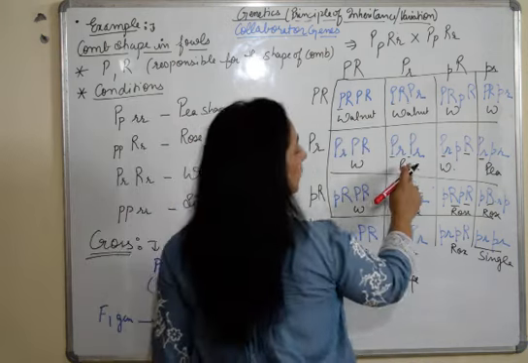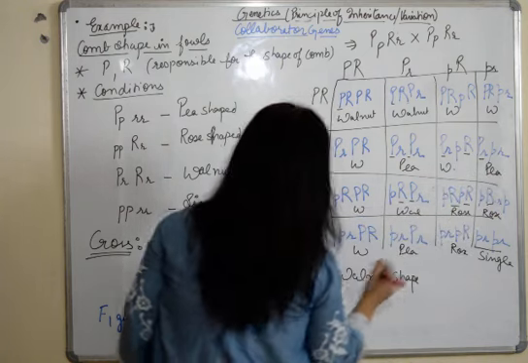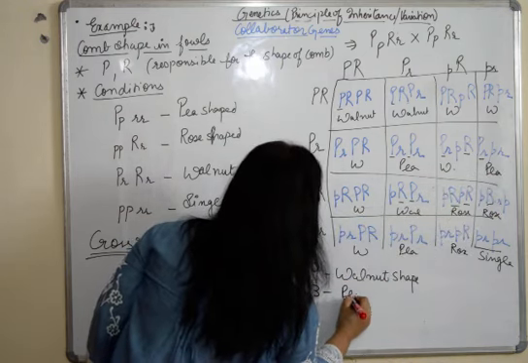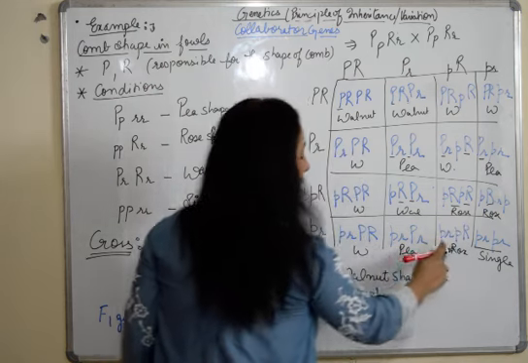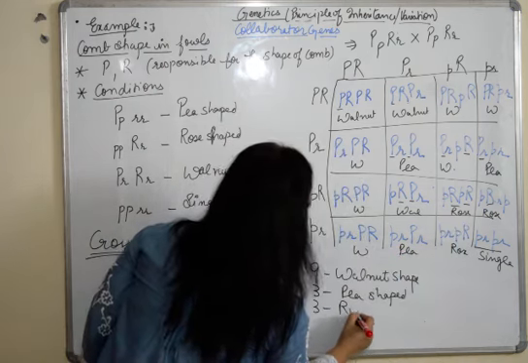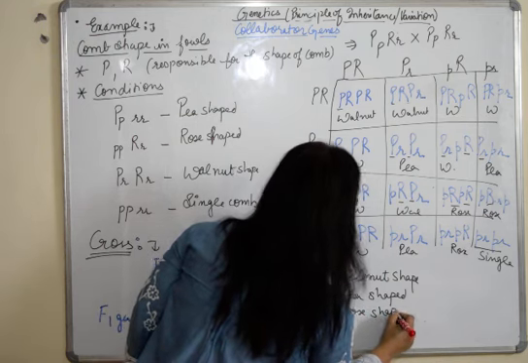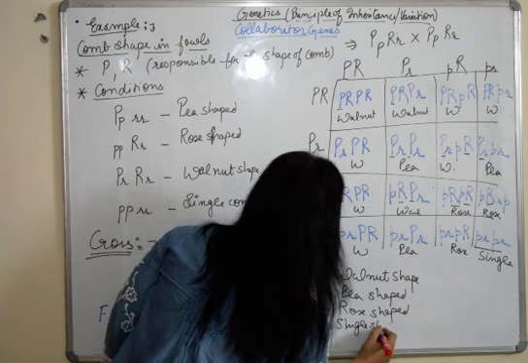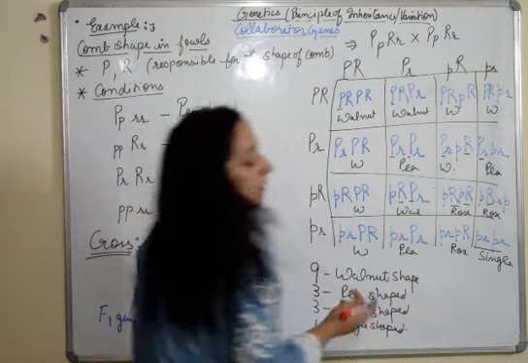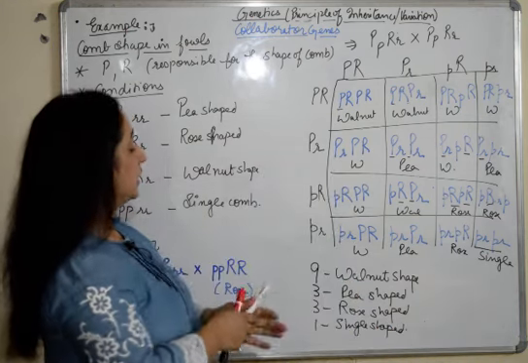P shaped, 1, 2 and 3. So 3 we have with P shaped comb, and 3 with rose shaped comb, and the last one is single comb. So this is the result which we get.